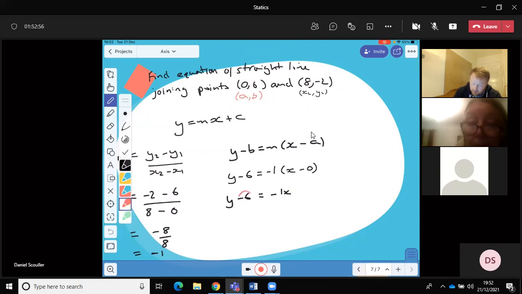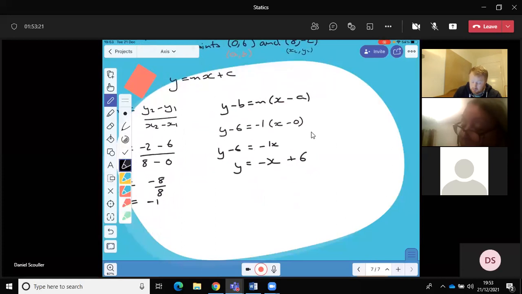We want to leave the y alone, so we want to move that 6 across. In algebra, we don't write that 1 out, so if I put -x, everyone okay with me doing that? And then we'll just have +6.